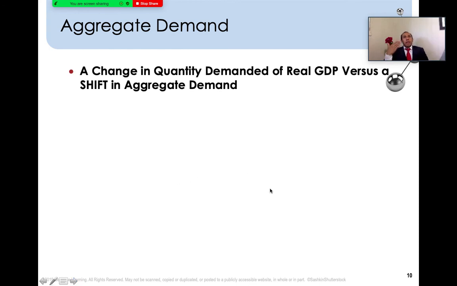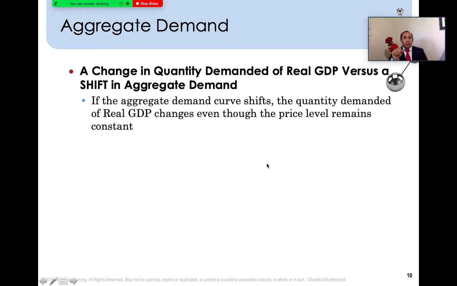The aggregate demand can shift. It can increase or decrease for various reasons. There could be an increase in aggregate demand, a decline in aggregate demand in the economy, and that changes also the real GDP demanded in terms of quantity, and also by shifting the aggregate demand curve, the real GDP can increase or decrease depending on the direction of aggregate demand and where it's shifting to.